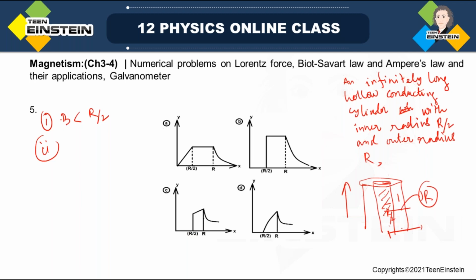So here also you can write 0 to R by 2. Here R by 2 to R.